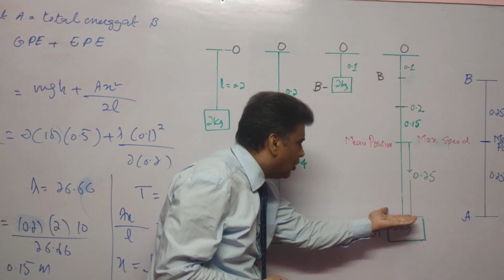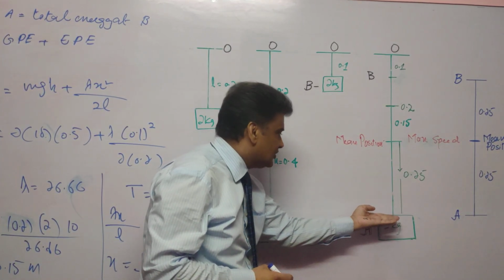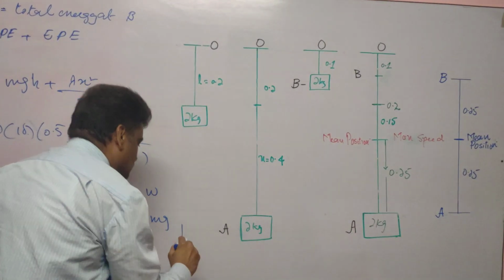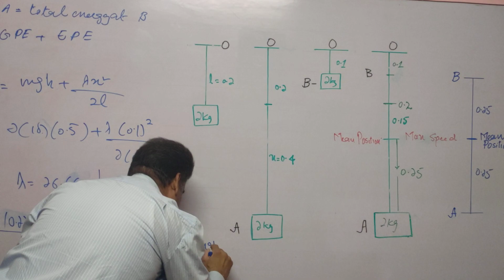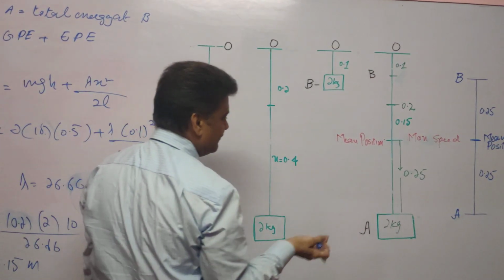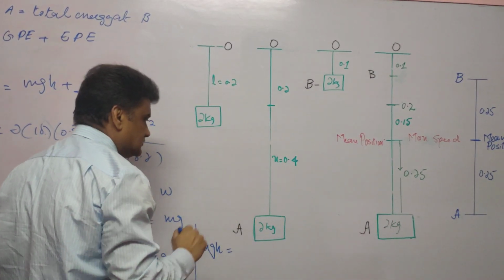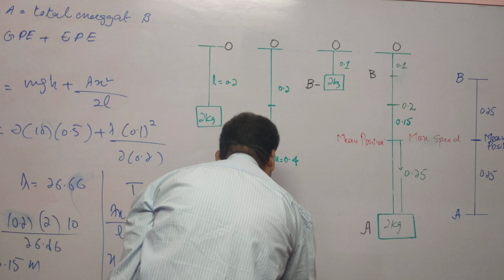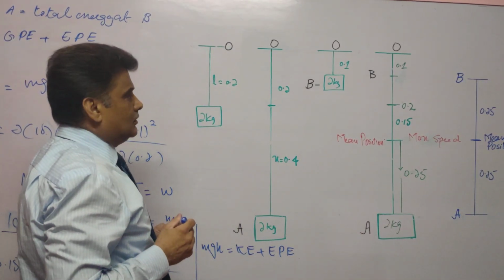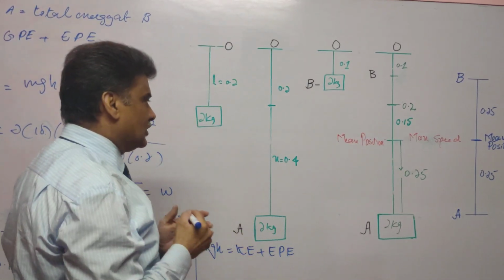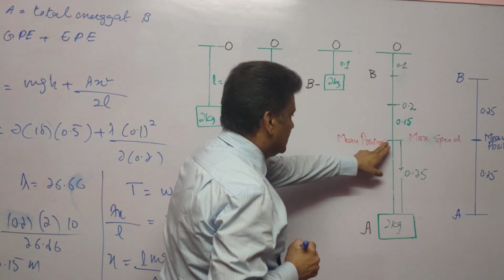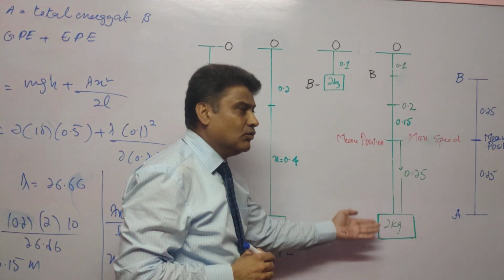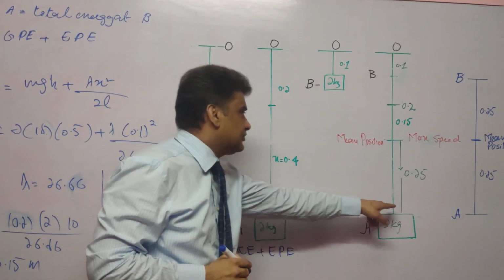At this mean position, the gravitational potential energy, mgh, will be equal to the kinetic energy when it moves from down to upward direction, plus its elastic potential energy.